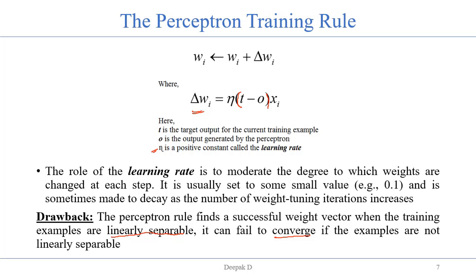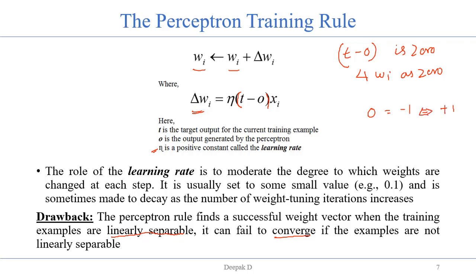Consider the case where t - o is 0, making delta Wi 0, so no weights are updated and the weights remain the same. Suppose the perceptron outputs -1 when the target value is +1.